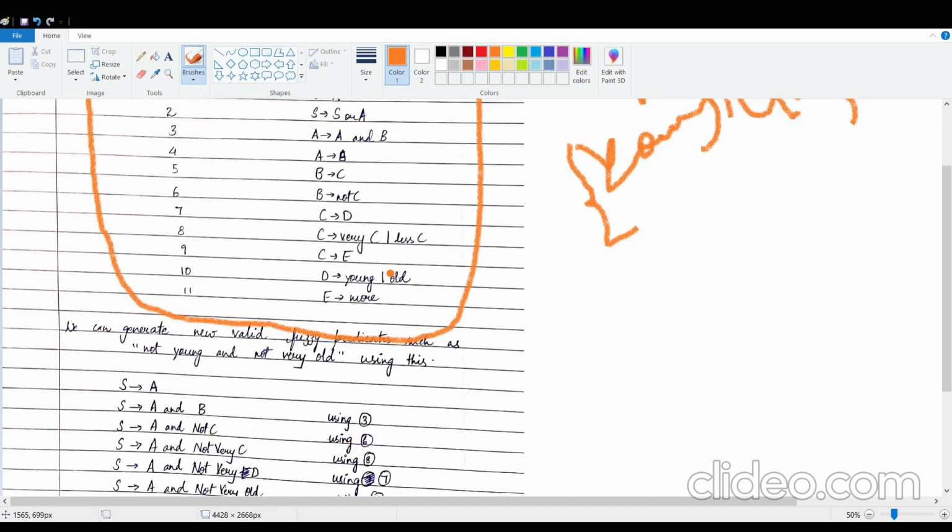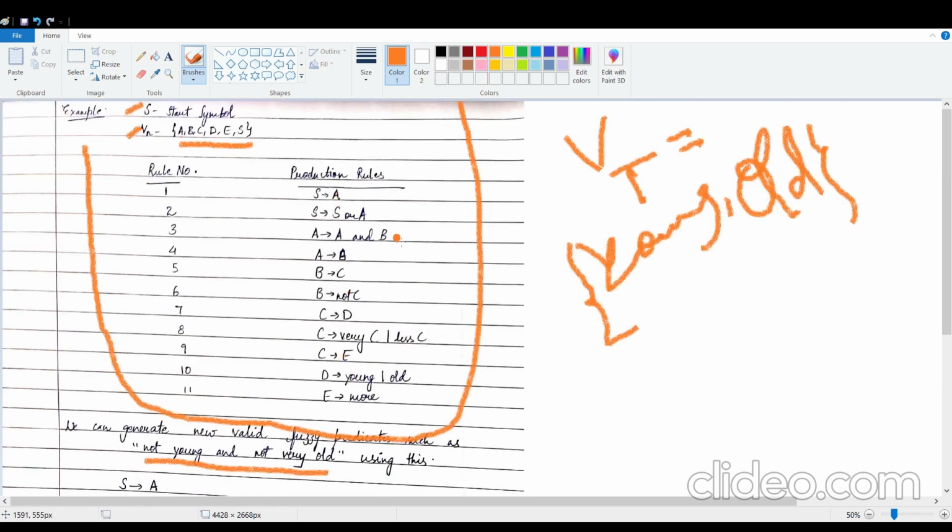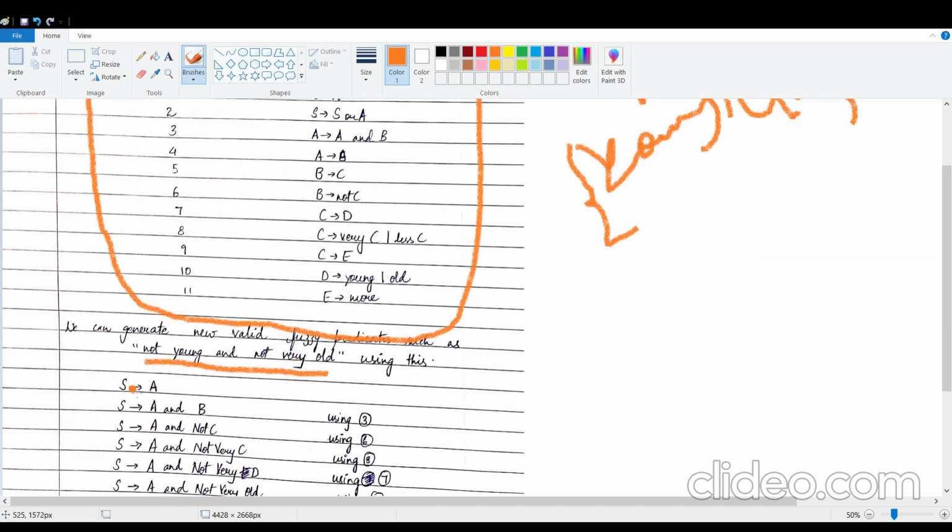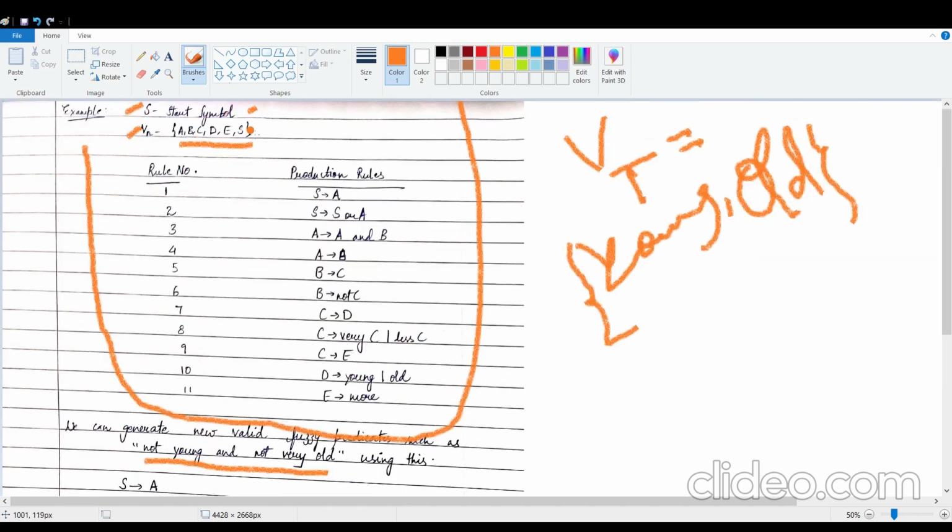So what we need to do is find out if we can come up with new statements. So here there's a small phrase given which says not young and not very old. So let us see if we can generate this small phrase using this grammar. So you can start off with your starting point, yes. So that's the reason we have the start symbol.